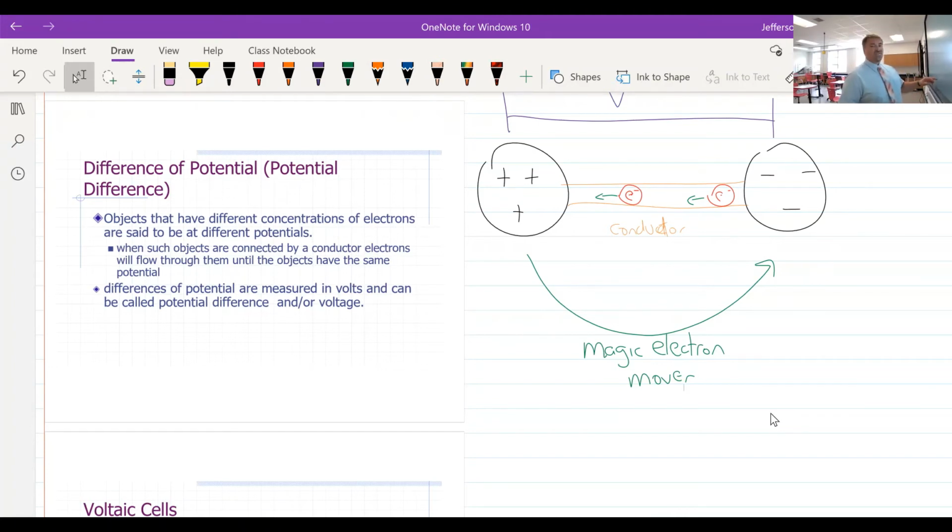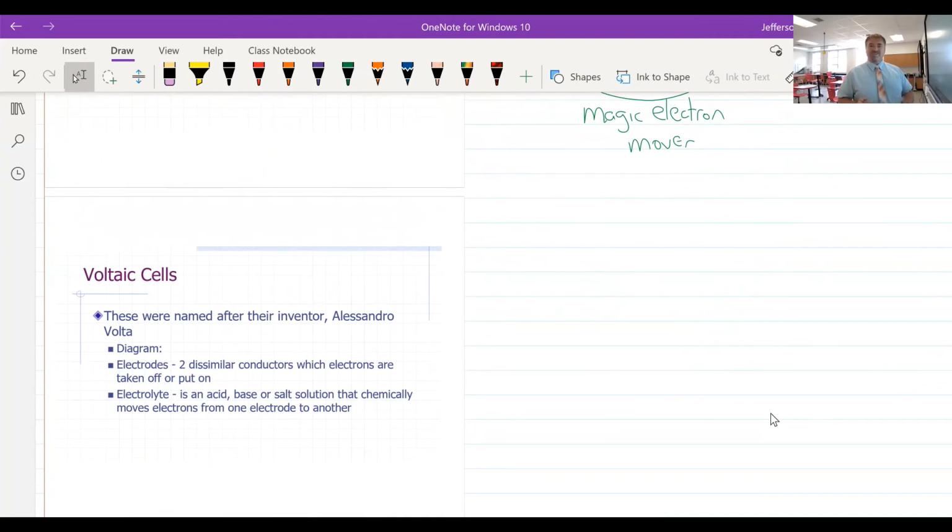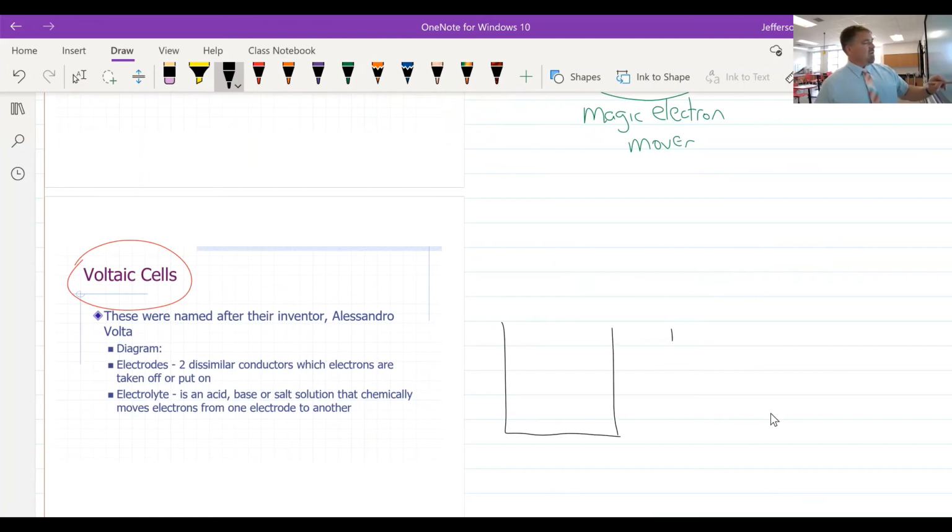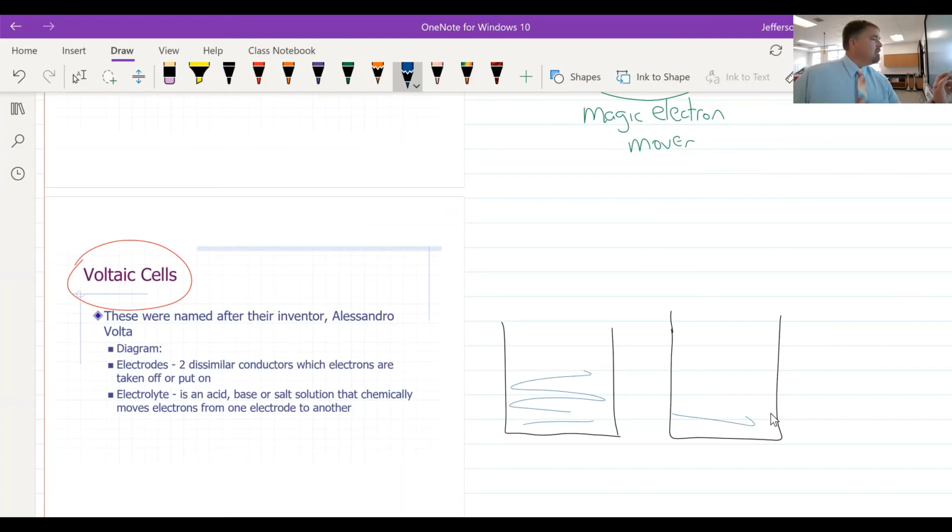Now, it turns out that these magic electron movers exist. They are called voltaic cells. You may remember these from chemistry, and I'll do a really quick one. Let's say you have two different acid baths or electrolyte baths. I'll put this in a kind of blue.